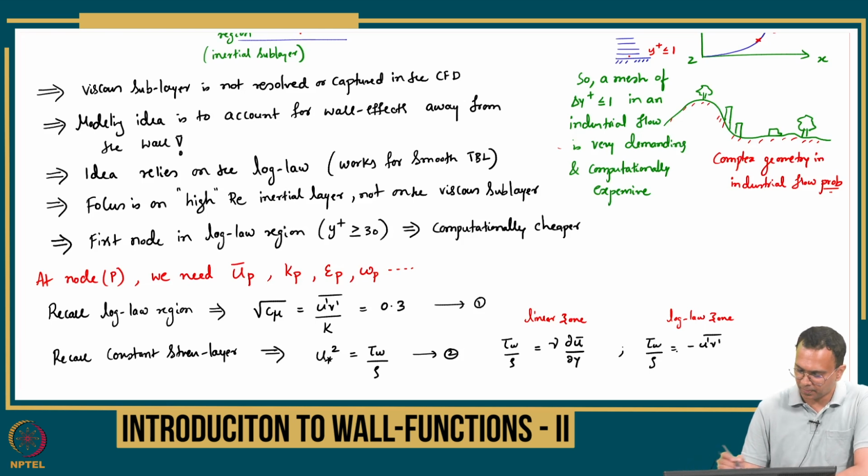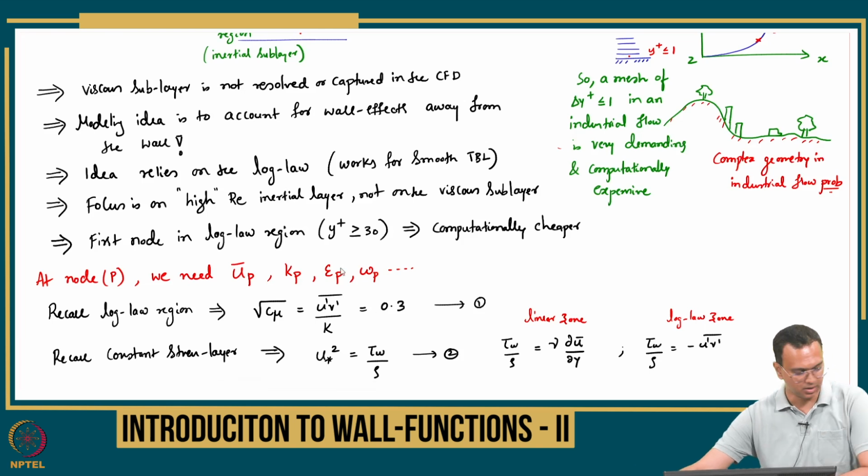So now I have this formula, the equation 1, u prime v prime bar. Now that is nothing but tau w by rho, which is nothing but u star square. So I can substitute u star square by k equal to square root of c mu. This is clear what I have done.